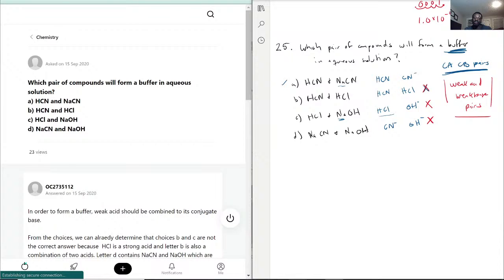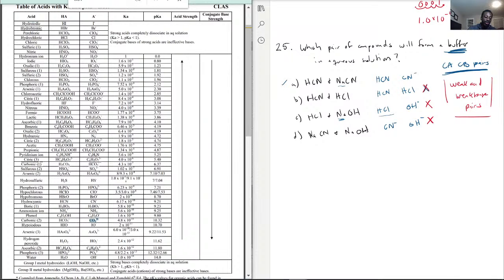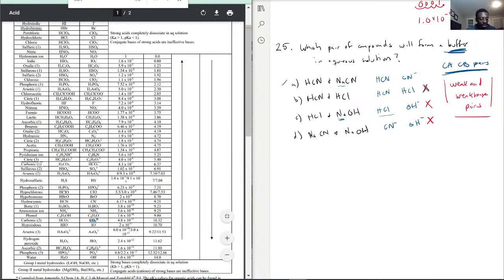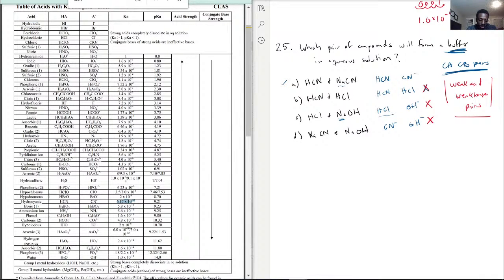So let's look for hydrocyanic acid, that's how you say it. There we go. Yeah, it is hydrocyanic acid. And look at that. It is a very weak acid, if I've ever seen one, okay? But it's not so weak that the conjugate base is a strong base. No. It is a stronger base, but not a strong base.